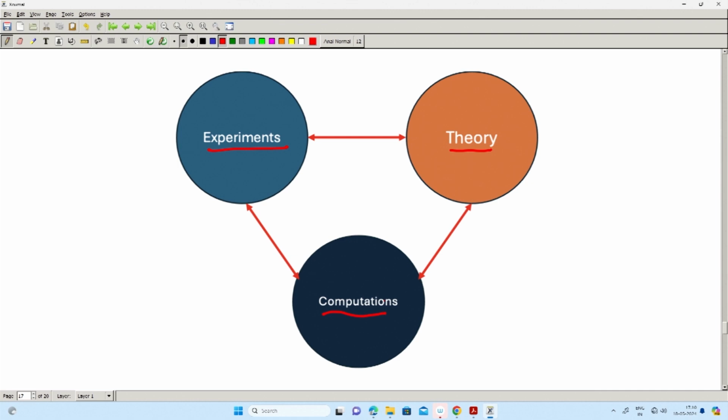So, if all 3 talk to each other and they are in satisfaction with each other, okay, then it means your computations are right. So, with this, without undermining the experiment or the theoretical model, we will start our CFD, where we will see how we can assist the experimentalist or a theoretician through our computational data set.